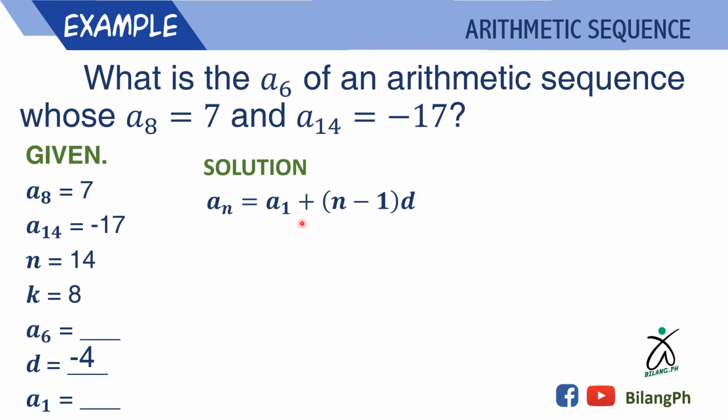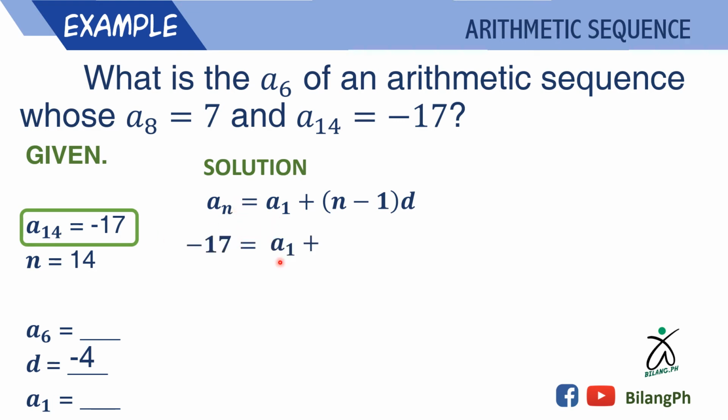Pero kailangan muna natin hanapin ang a sub 1 para mahanap ang a sub 6 o yung pang-anim. Gamitin natin na ang a sub n ay ang a sub 14 or the 14th term which is negative 17. Tanggalin natin yung hindi kailangan. A sub 14 natin ay negative 17 equals, wala tayong first term.